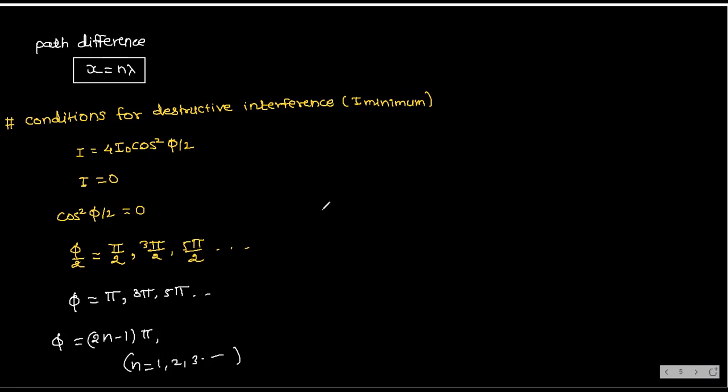So here how much is the path difference then? In this case you are getting path difference x is equal to 2n minus 1 into lambda by 2.